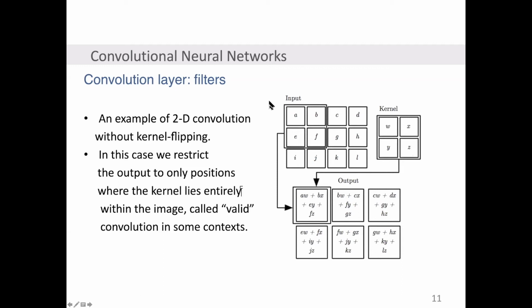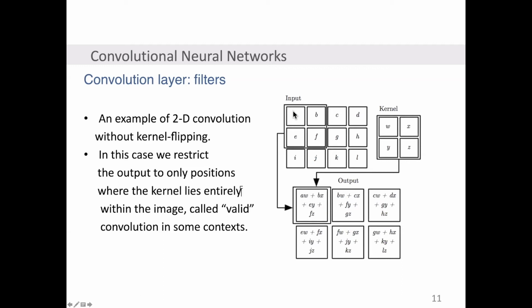If we apply convolution without kernel flipping, it means correlation with the filter. When we apply this kernel at the input at this point, we have the inner product of the data in this part of the input and the kernel. That means that the result of applying this kernel at this point is AW plus BX plus EY plus FZ, as written here.